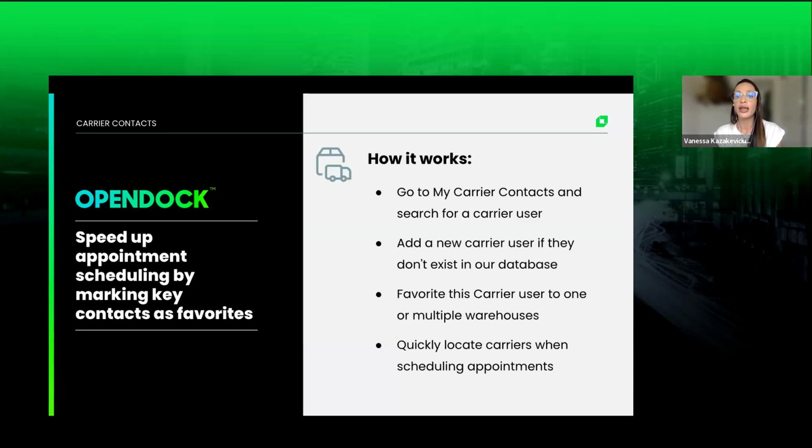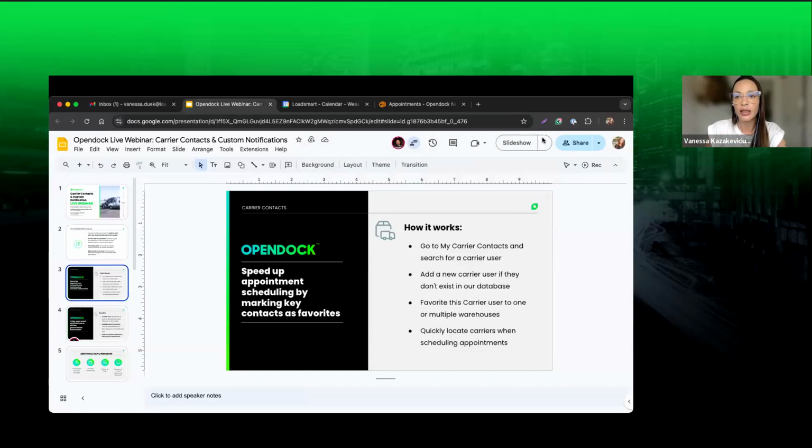But what we're covering today is how to search for a carrier, how to add a new carrier if this carrier is not registered in Opendock yet, how to favorite this carrier on your warehouse, on the organization, so for all the warehouses or for the specific warehouse, and how to find this when you're scheduling an appointment, based on the favorites that you just made. So I'm going to now go to the other page, just a second.